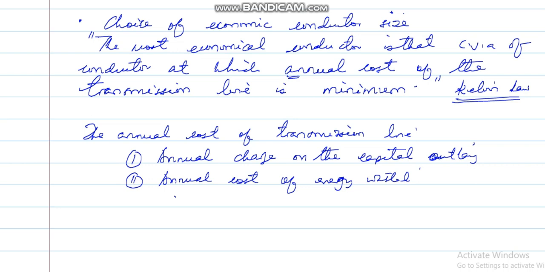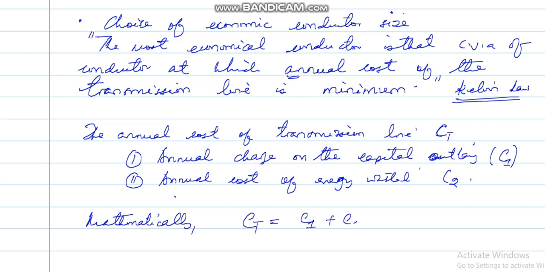Okay, this part 1 denoted as C1, and this let's denote as C2, and the annual cost of transmission line let's denote C total. Okay, because the annual cost mathematically naweza kusema the annual cost of transmission line C total equals C1 plus C2.